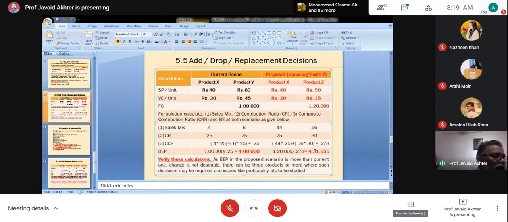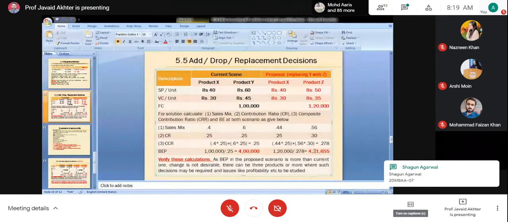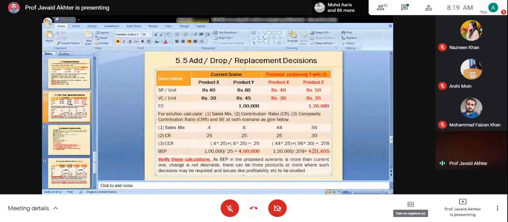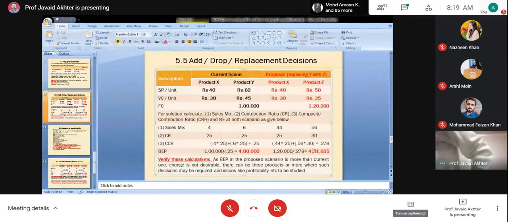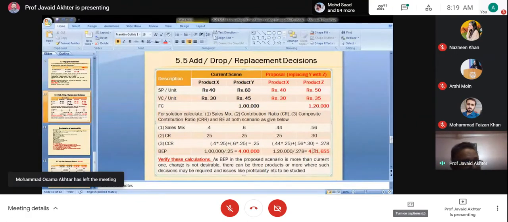Again, if BEP is more, why do we reject the proposal? What is the logic?